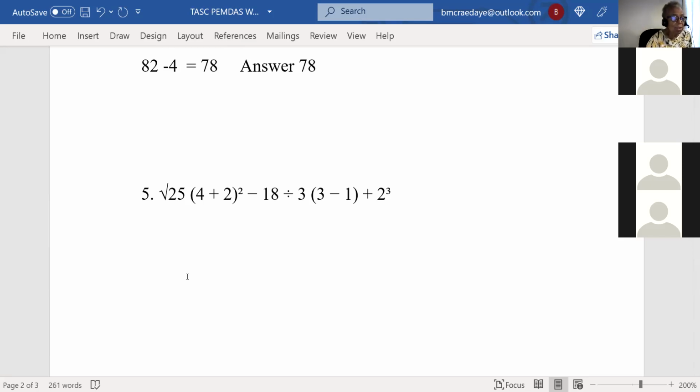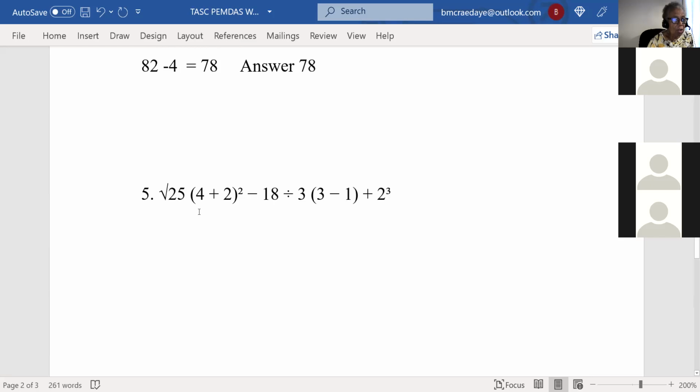Now in this one, you've got parentheses twice, 2 sets. You have it here and here, right? You have powers, a power here and a power here.